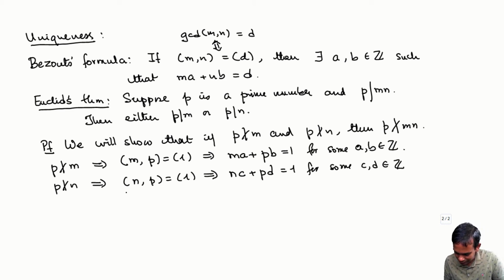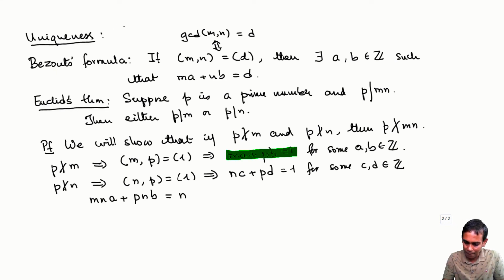So what we get is mna plus pnb is equal to n. I just took this equation here and multiplied it by n.